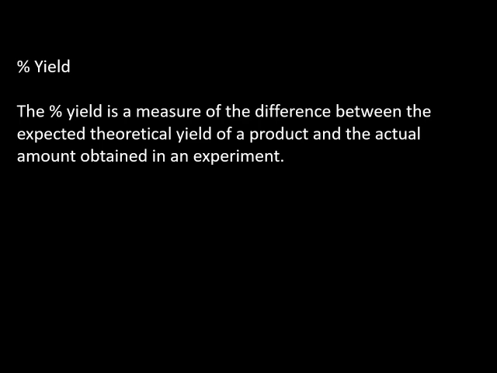And you end up not being able to get every last bit of that final product. And so when the amount that you recover is different from the amount that you calculated that you should theoretically get, then you have a situation where you've got a less than 100% yield.